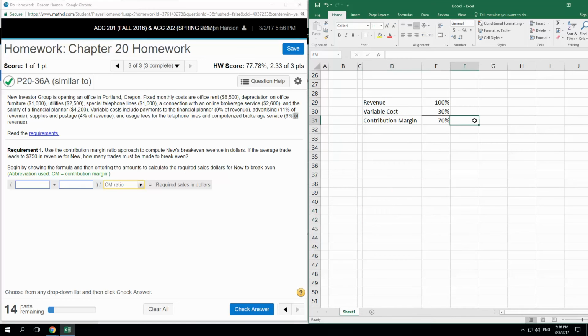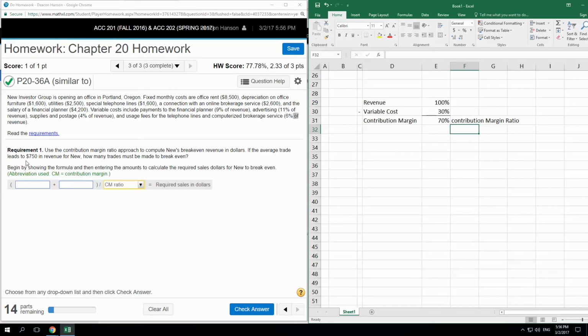This ends up being our contribution margin ratio because it's in ratio format. So this is the same thing as our contribution margin ratio, and we know that number.